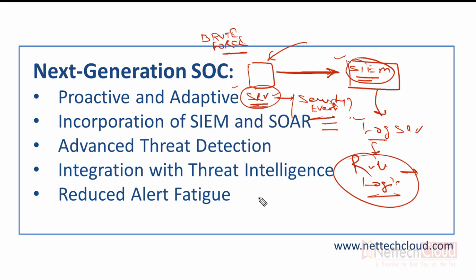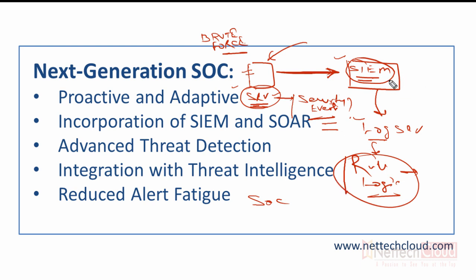So as a SOC analyst, we can do further investigation, and maybe we can ask the Windows administrator to temporarily disable the account or take some other security measures based on the security alerts.